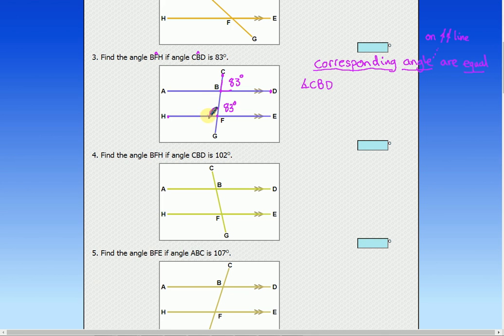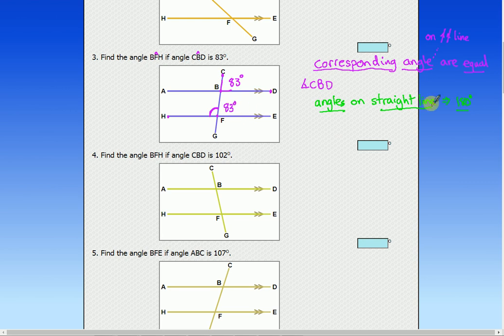So we now got to use another fact. The other fact we're going to use is that angles on a straight line give 180 degrees. So angles, straight line, 180 degrees. All three parts should be seen.